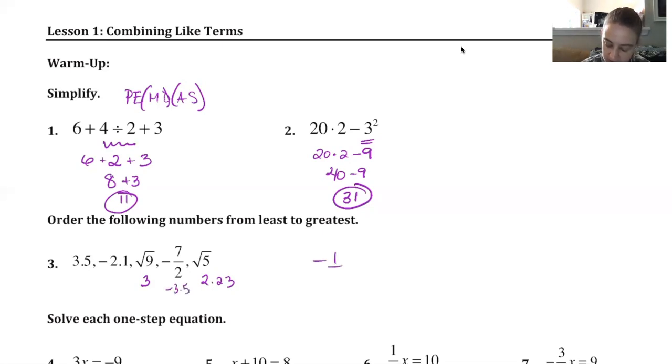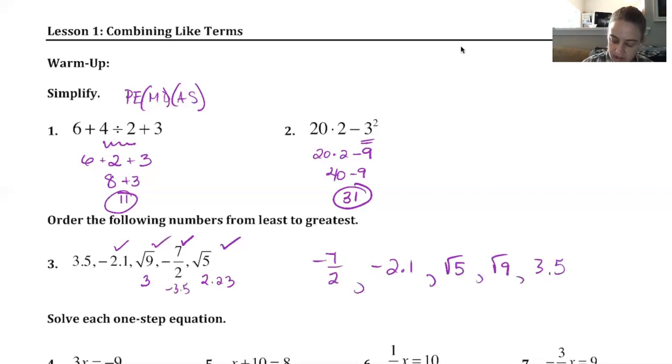So negative 7 over 2, got it. Negative 2.1, got it. That square root of 5 is next because it's 2.23. The square root of 9 is after that, and then 3.5. There we are in order from least to greatest.